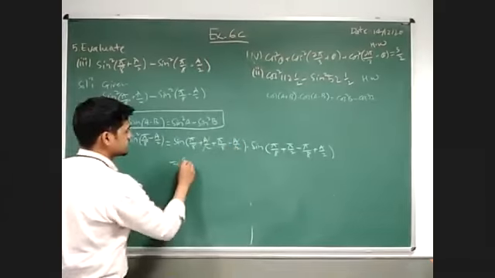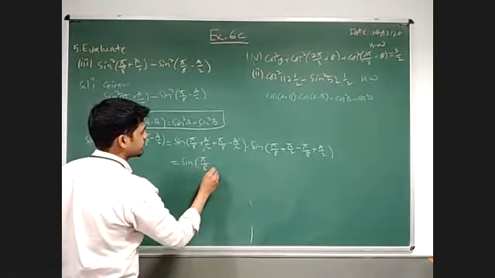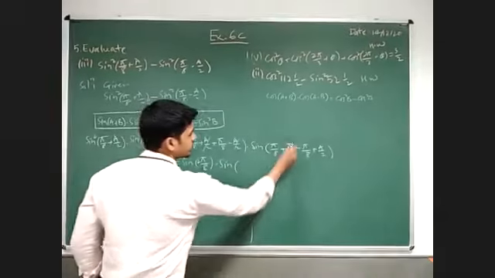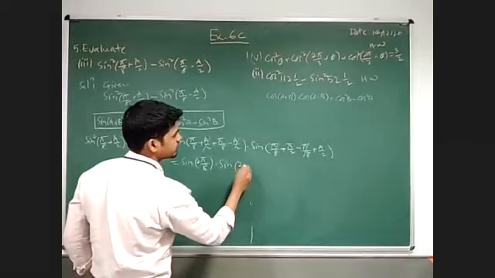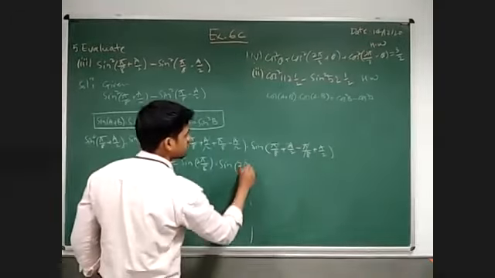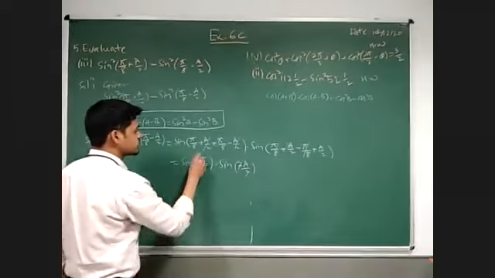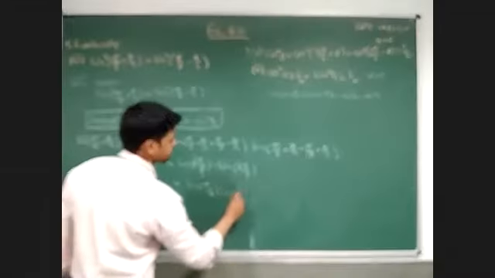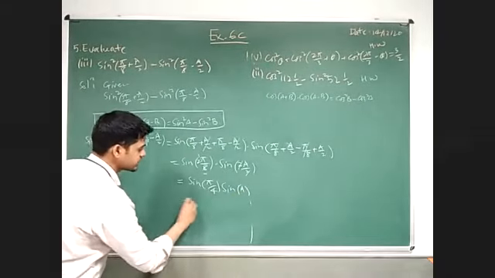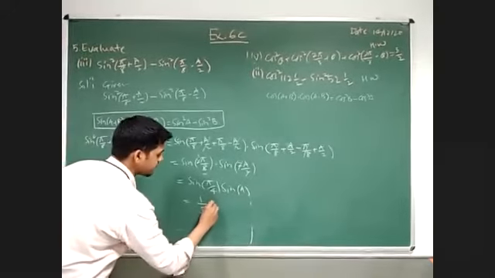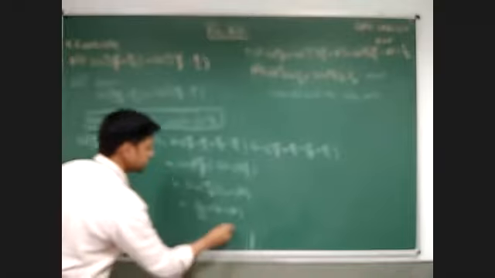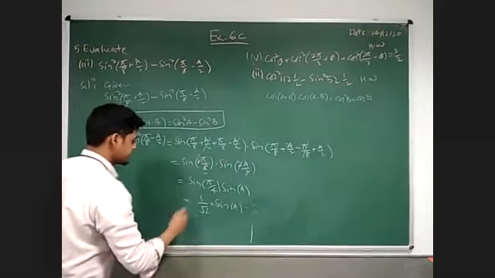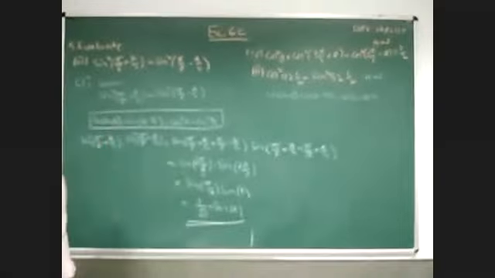A by 2 will get cancelled in the first, so I will have sine (pi by 4), and pi by 8 will get cancelled in the second, so I will have 2 times A by 2, which is sine A. I know sine pi by 4 is nothing but 1 by root 2, and here I have sine A. So this is the answer, the value. Just take note.